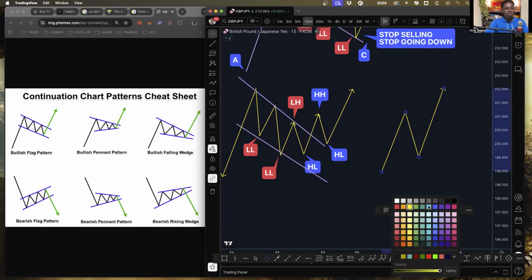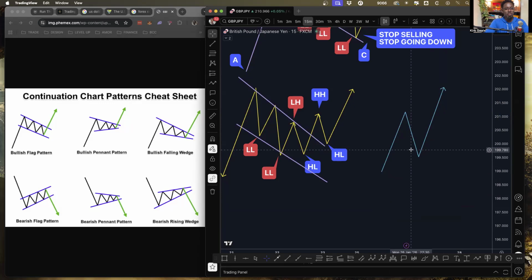Let me change the color of this. Do you guys need me to stay with this line drawing on the screen, or do you want to see it on an actual chart? All right.